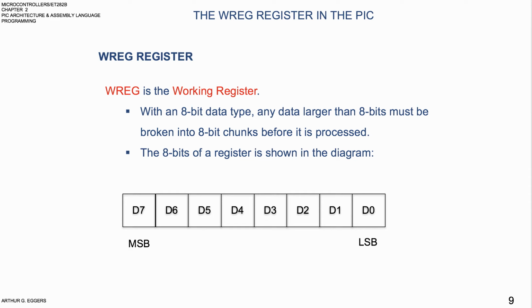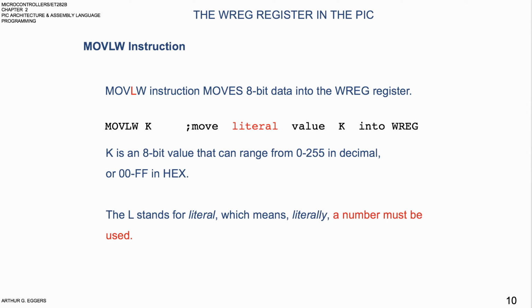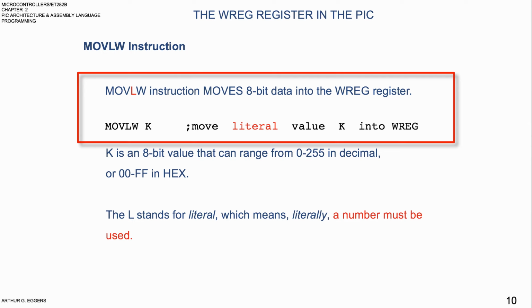The working register is the same as an accumulator in a microprocessor. The working register is used for all arithmetic and logic functions, and to understand the use of the working register, we'll show it in the context first of two very simple instructions called the move and the add.